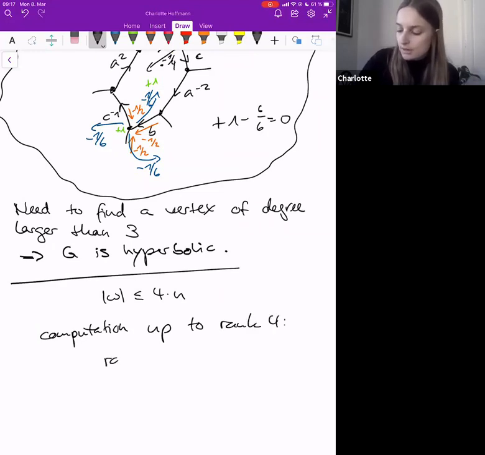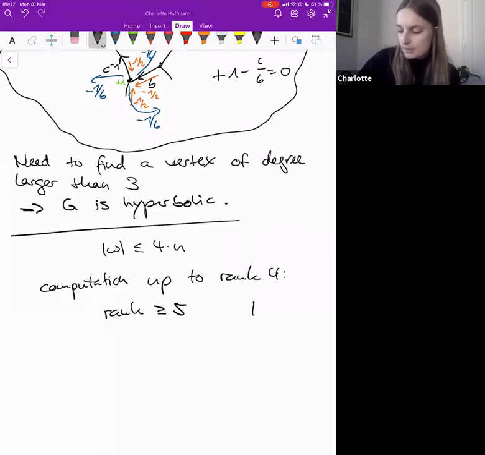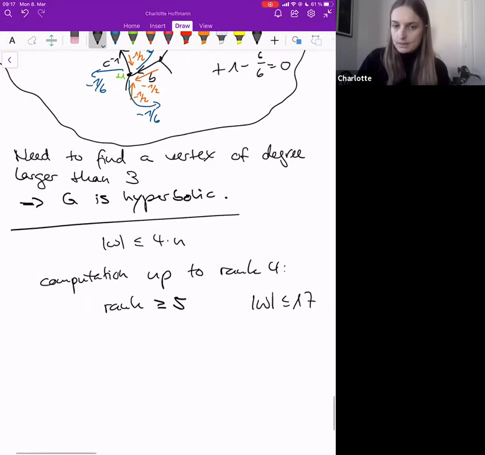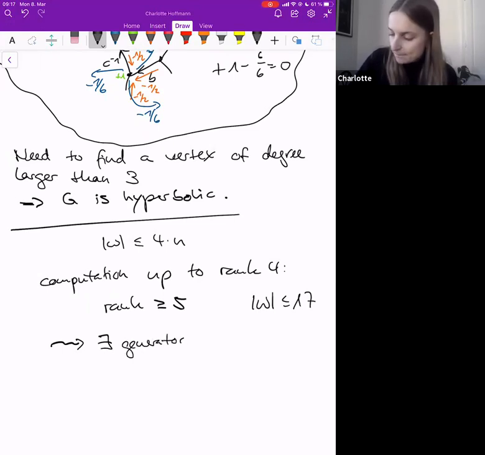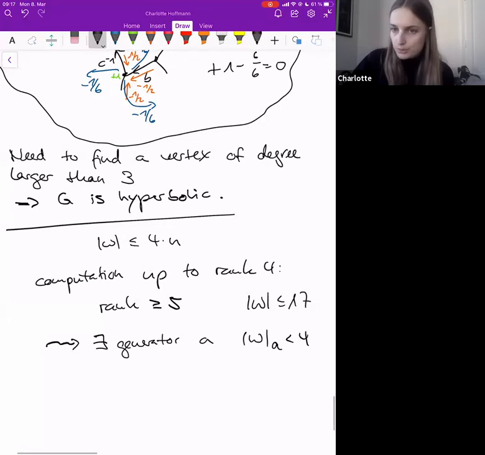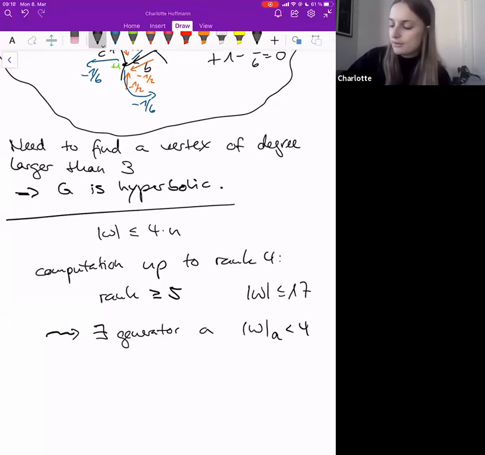But if the rank is larger or equal to 5, and remember that our words were larger or equal to 17, then we know that there exists some generator such that this number here is less than 4. This denotes the number of times this generator A or the inverse comes up in the word. So in this case, there exists one where it's less than 4.